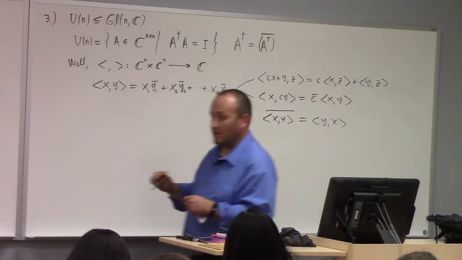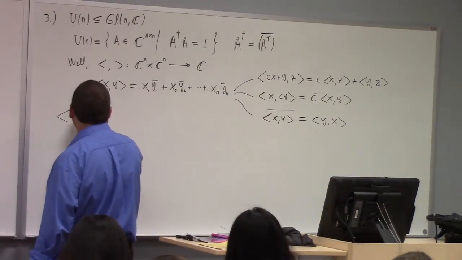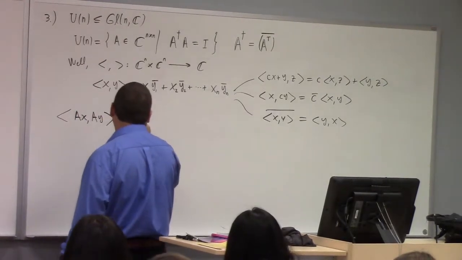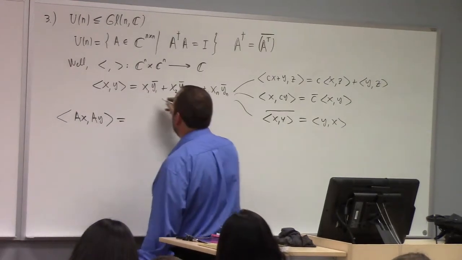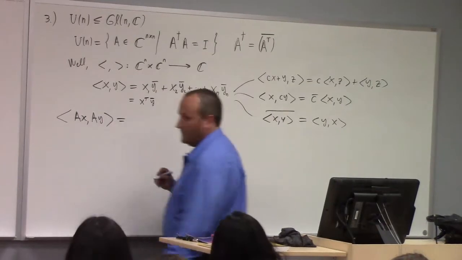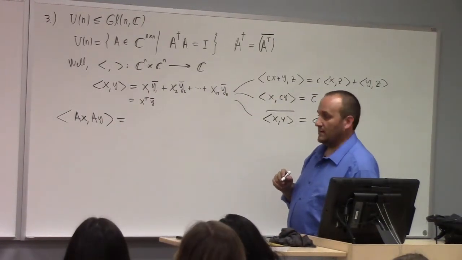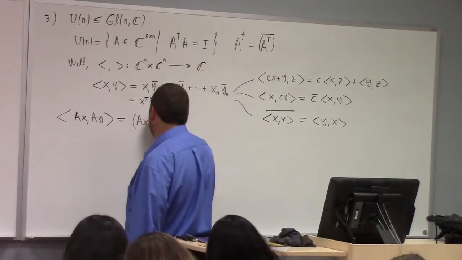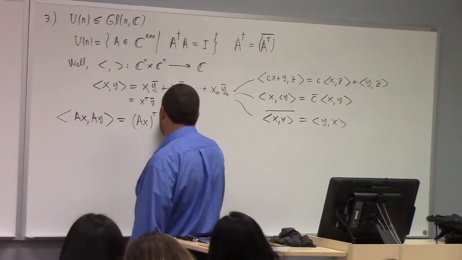If A is a unitary matrix, then we get the following fun fact. If we have AX, AY, this formula can be rewritten as X transpose Y conjugate. So I take AX and transpose that, and I take AY and complex conjugate that.